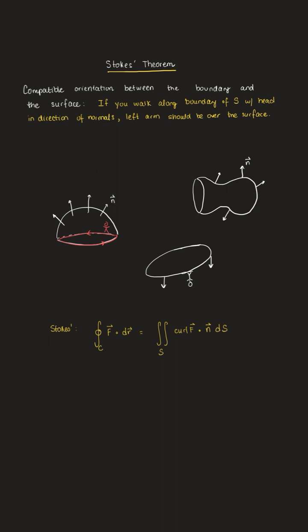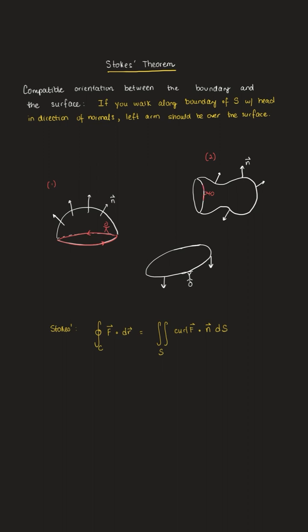If we take a look at the cornucopia thing, let's call this one just so I can refer to it. I already explained that the boundary is this piece, this kind of opening. The curve around the opening is our boundary. And I want to figure out, how do we orient this if my normals are pointing outward in that direction? So once again, you imagine yourself walking along the rim, walking along the edge, and thinking, okay, which way would I walk? I can either walk up that way or down this way.